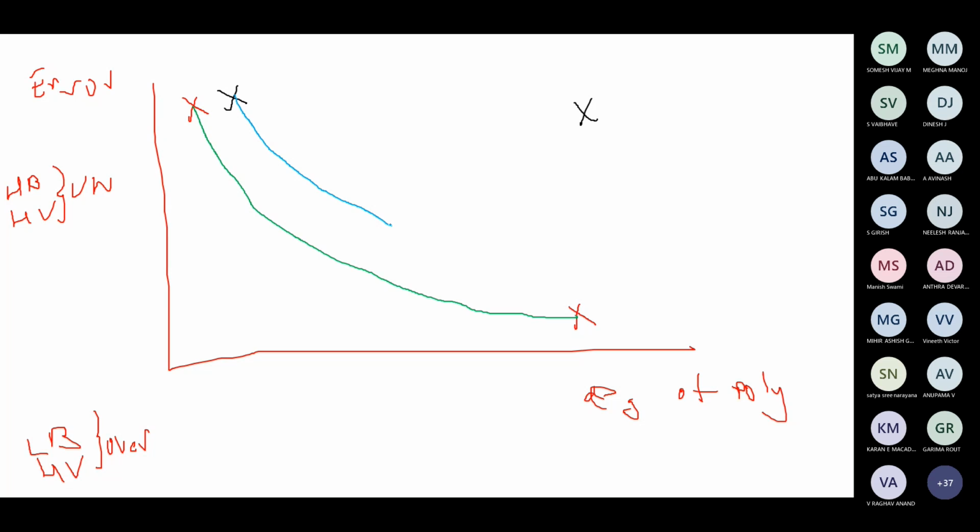Since I am overtraining my model, my high variance starts to begin. So till this point it is decreasing. Can you see? My errors on the test data will keep decreasing. Since I have overtrained my model, then I will start to produce an error.